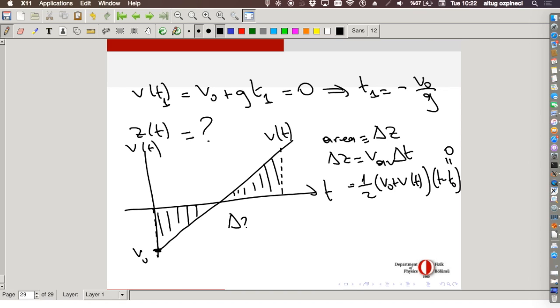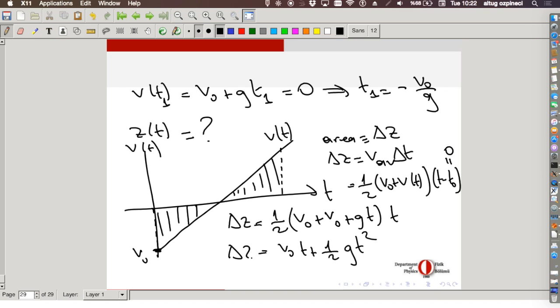Now we had already calculated v of t. It is v0 plus g times t. So delta z is v0 t plus 1 over 2 g t squared. This is the change in the height.